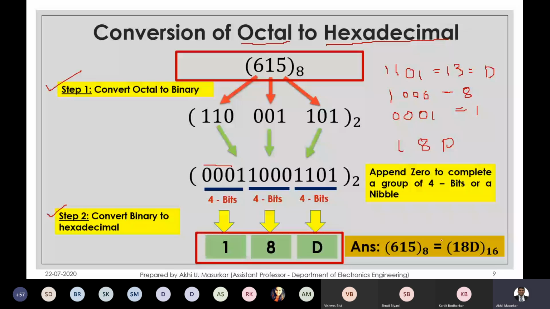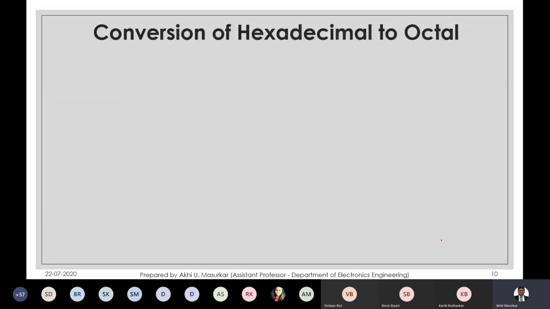And now we will look at the final code, that is conversion of hexadecimal to octal. So my first question is, is this a hexadecimal number? If yes, then you type yes in the chat box. Is this a hexadecimal number? Okay.